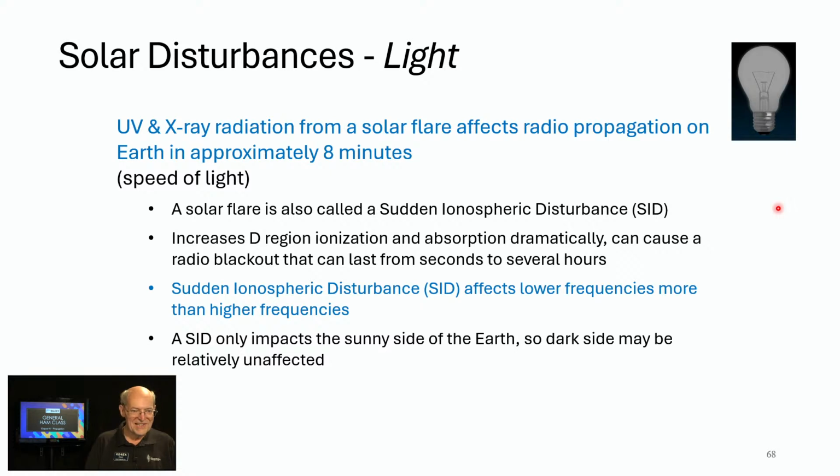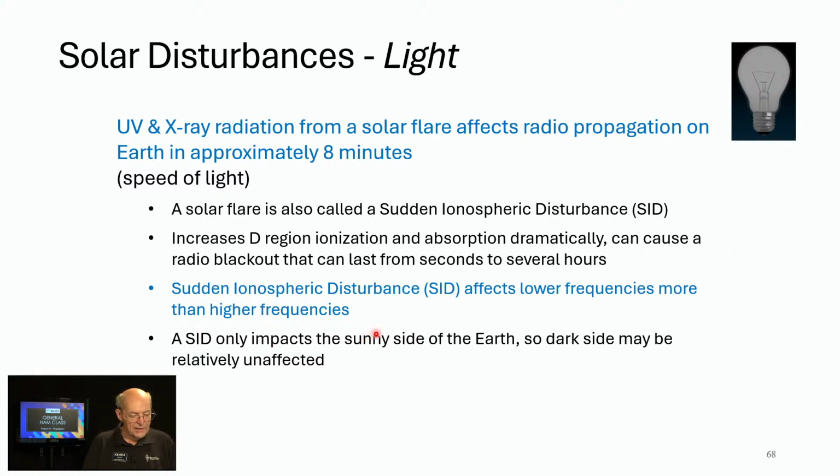But in radio, I guess you could say it's the same idea. Increased D-region ionization and absorption. The solar flare increases D-region ionization and absorption dramatically, can cause a radio blackout, can last from seconds to hours. Very weird effect. I've only seen it once or twice, but it definitely happens.